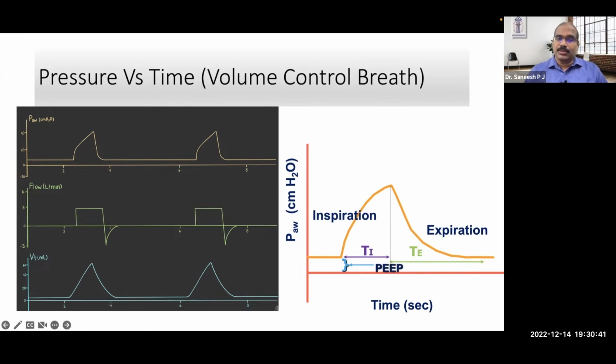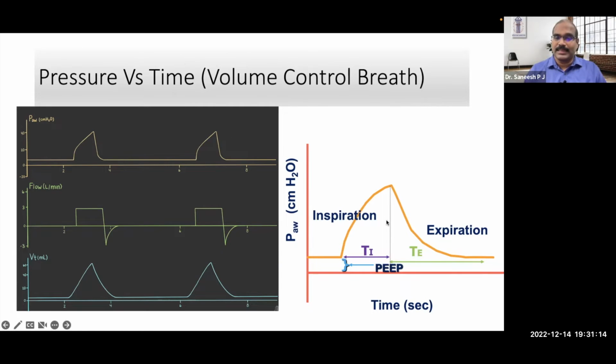So in a volume control breath, this is the typical shape of the pressure versus time scalar. Here also you can appreciate it. The upgoing part is inspiration, because the constant flow, this is a square wave pattern flow, is pushing in, and as time accumulates, the volume accumulates inside the lung units and the pressure builds up in this manner.